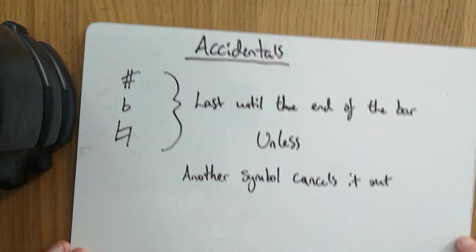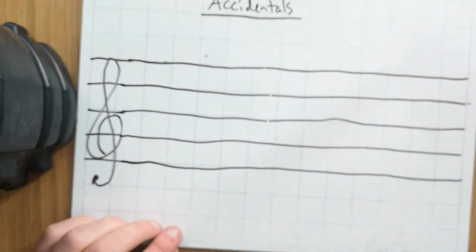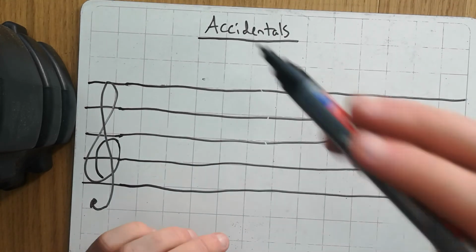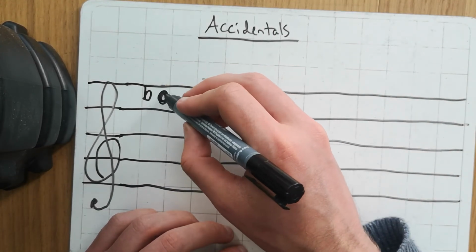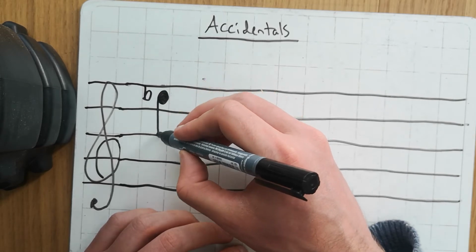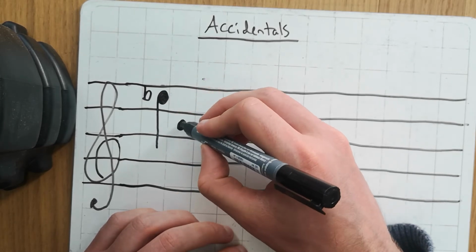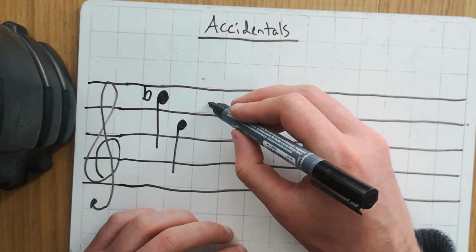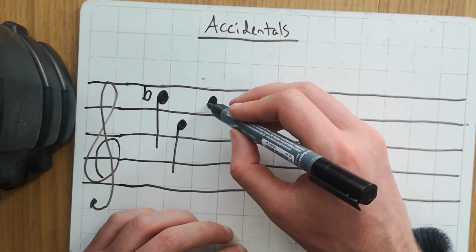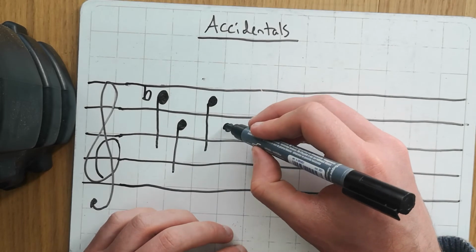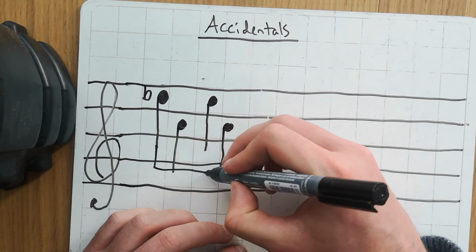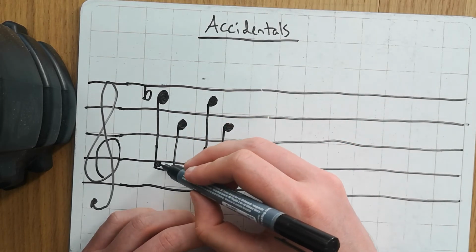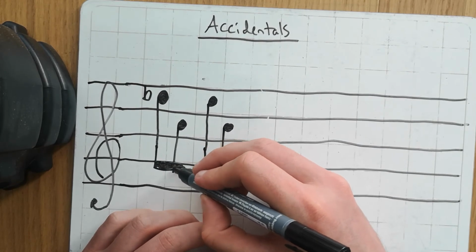So for example, okay, let's go back to that last piece I gave you, where I gave you this note here, followed by this one, and just to make it really clear, these are quavers.